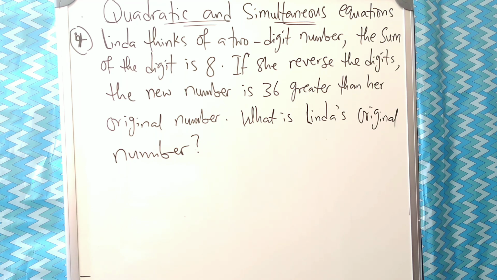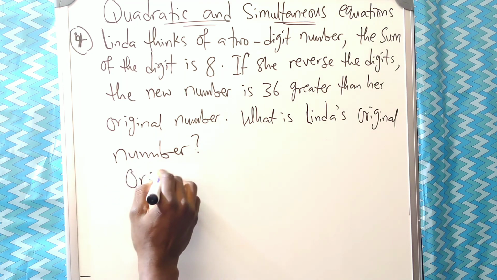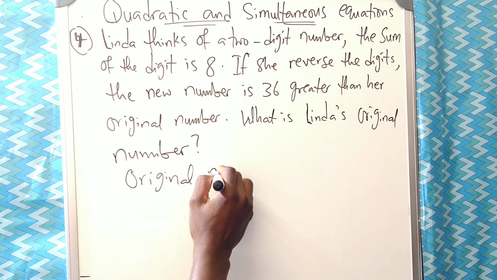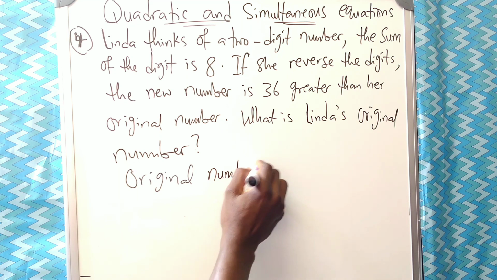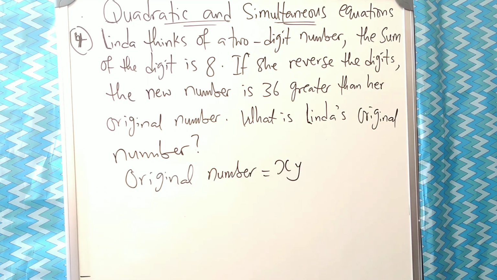We don't know Linda's original number, but we can say the original number equals xy. It's a 2-digit number, so it is xy. All right, that is the first statement. It's a 2-digit number, and the sum of the digits is 8.